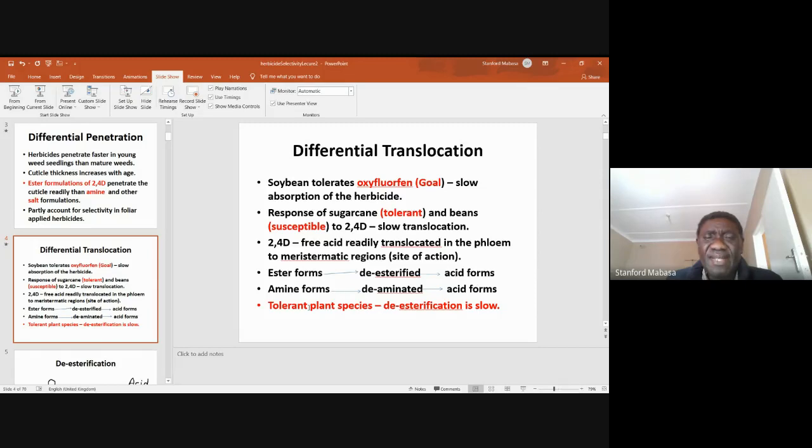Well, in tolerant plant species, for example, deesterification is very slow, which means the herbicide may remain as an ester form most of the time, or an amine form most of the time, which means that it's not going to kill the plant.